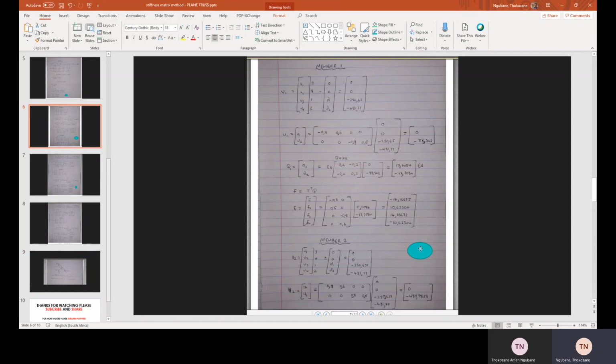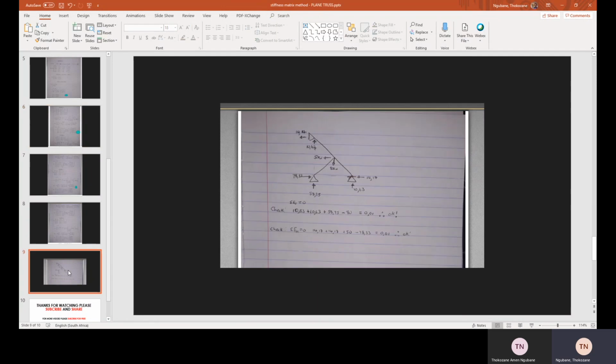Not sure if you can see, we have minus 14, 10, 14, and 10. And then we substituted this one here. We have pointed that 14 here.